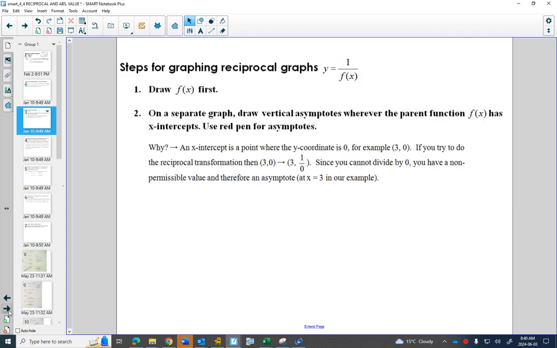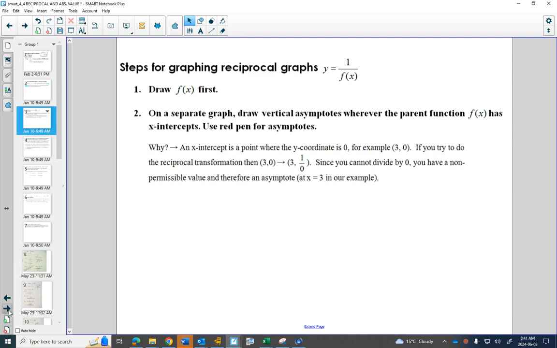First of all, if we are graphing this, we're going to graph, just like the square root graphs, inside the square root graphs, we're going to graph f of x first. So whatever's on the bottom is going to be something that you already know how to graph. Sometimes on the exam, they just give you a graph. So first of all, we draw f of x.